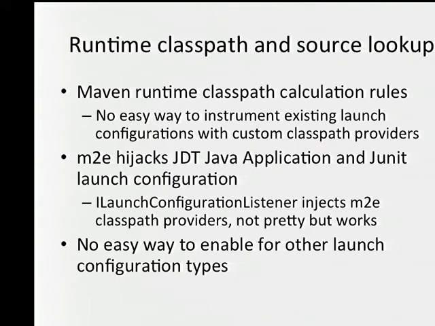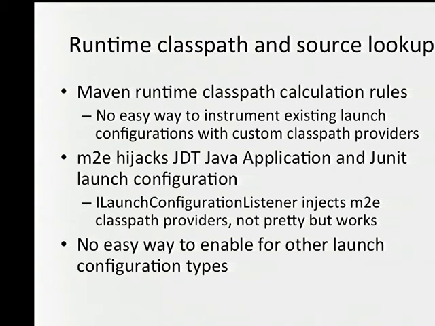And so when you do Run As Java Application or Run As JUnit Test, what m2e does behind the scenes is it basically hijacks the launch configuration and injects its own classpath providers into the configuration without telling you anything about it. Which isn't nice, but for some reason it works, and we haven't had a single complaint about this since we introduced this feature, I think 4 years ago.